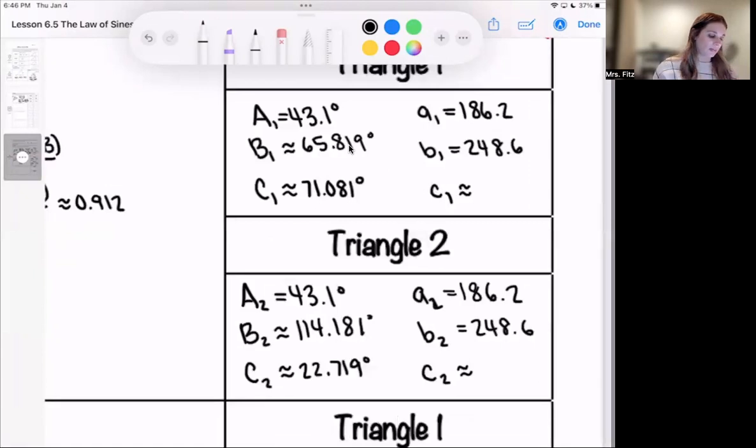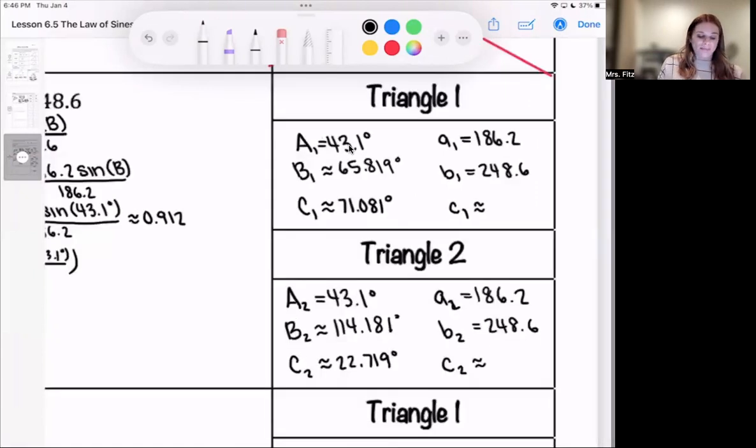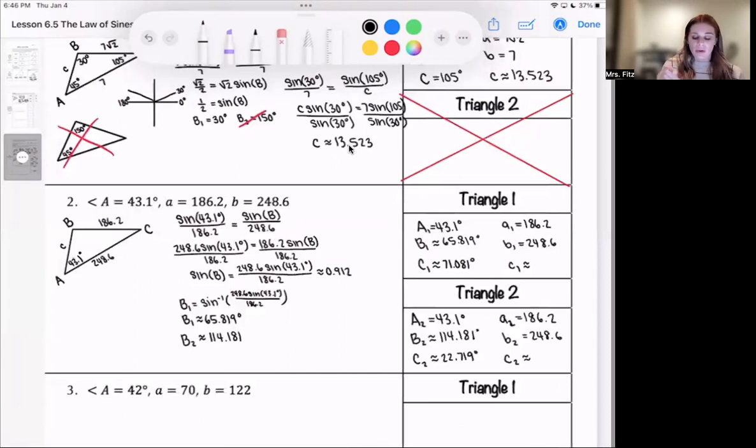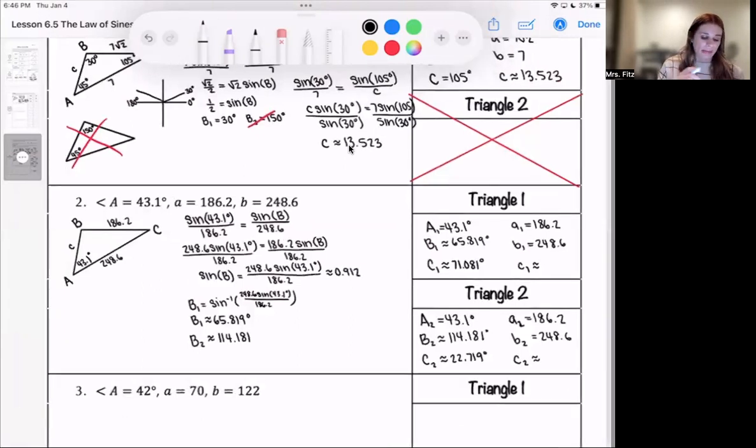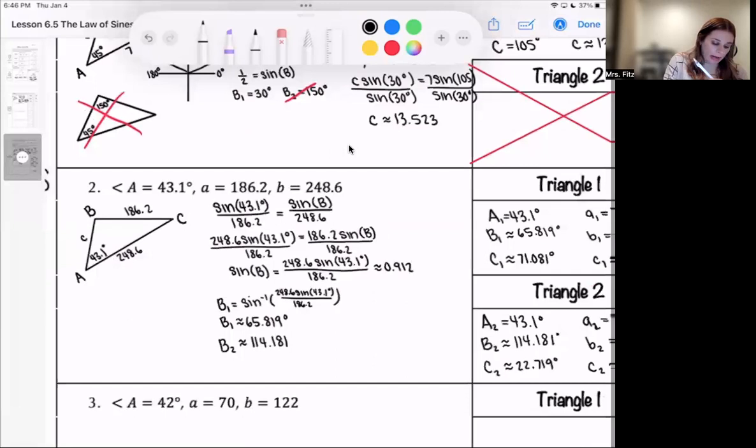Do the same thing for triangle 2, and for C sub 2, you get about 22.719 degrees. Okay, now for the final side that you need to find on both of those triangles, we're going to set up law of sines. So I'm going to do triangle 1 right here. I'm going to block off some space for it. So this is triangle number 1.